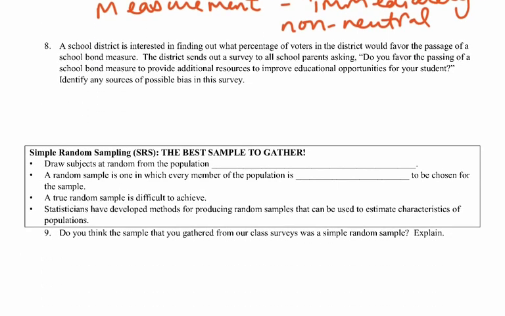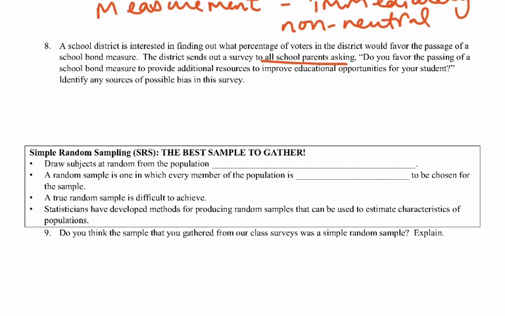Last example here. A school district is interested in finding out what percentage of voters in the district favor passage of a school bond measure. The district sends out a survey, so pay attention to who they send the survey out to. They send it out to all school parents, only school parents. And they ask, do you favor the passing of a school bond measure to provide additional resources to improve educational opportunities for your student?